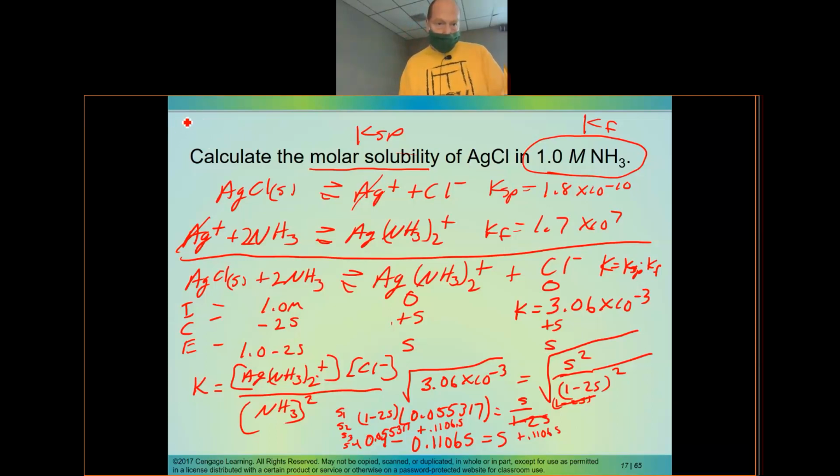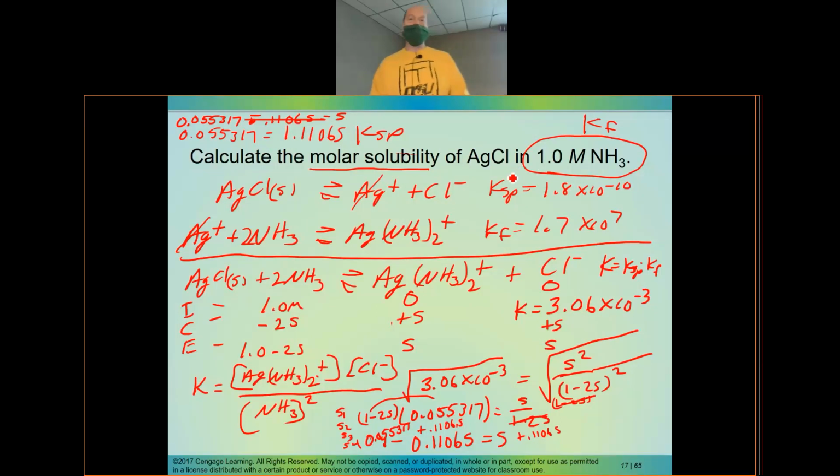So I have 0.055317. So I'm distributing 1 times that and 2 times that, minus 2 times that, which was my 0.1106S, and that was equal to S. All right, and so I have my 0.055317 is equal to 1.1106S when I added my 0.1106S to both sides.